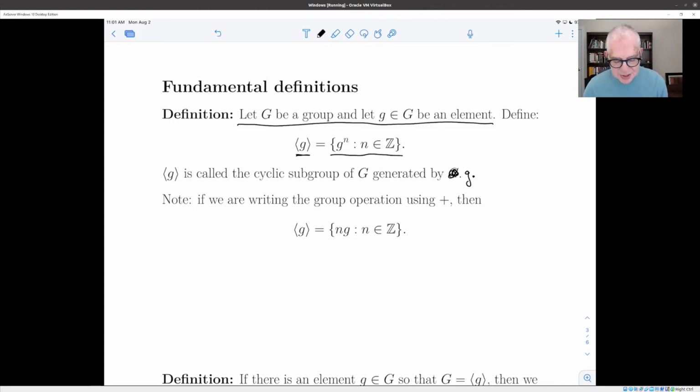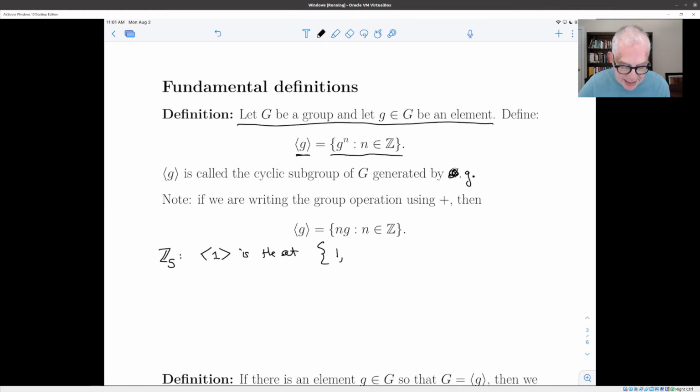And I should just say, for example, in the case of Z5, the group generated by 1 is the set... Well, we're supposed to take 1, and now in this case we're not writing a group operation like multiplication, but addition.